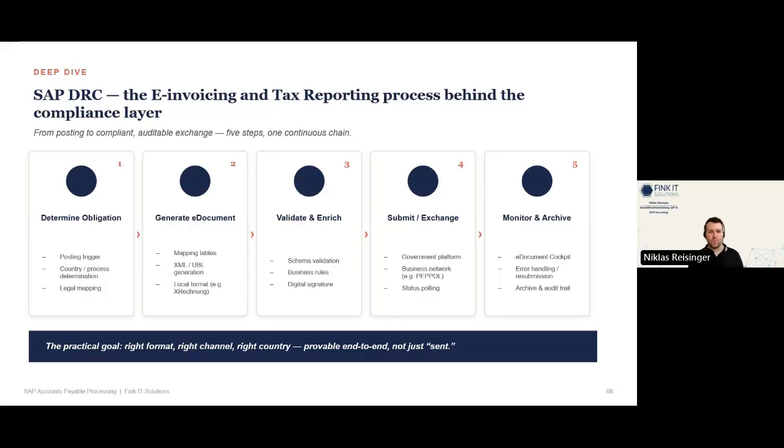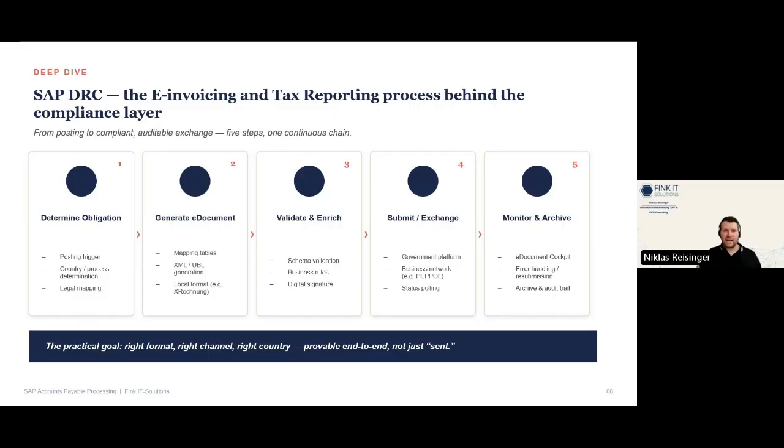Okay, so the practical goal from DRC is to solve your issues even if you have more than one country. If you have a lot of countries with different formats, different channels, you need some kind of logic to solve that issue, and DRC brings a lot of logic within the solution, regarding the connection to external portals, platforms, and the right mapping for the right country.